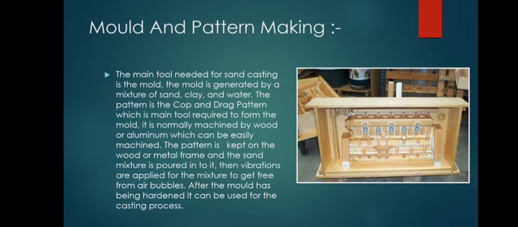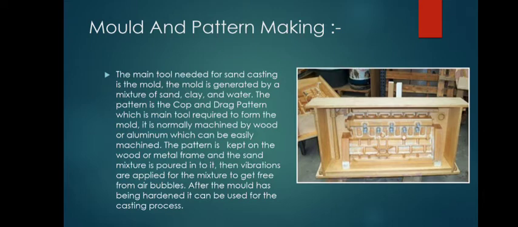It is normally made of wood or aluminium, which can be easily machined. After that, the pattern is kept on the wood or metal frame, and the sand mixture is poured into it. Then vibration is applied for the mixture to get free from air bubbles.